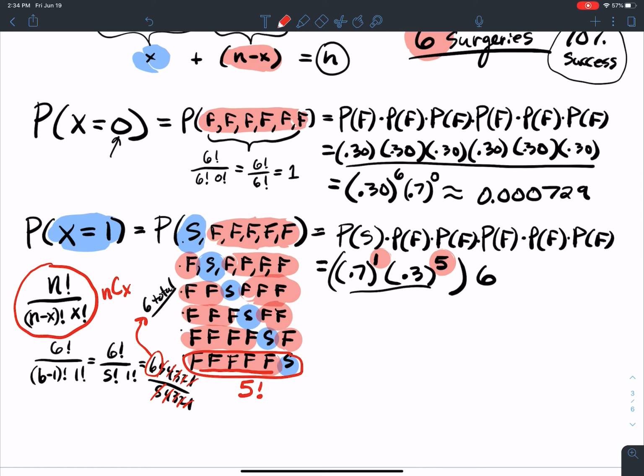Okay, so when I multiply this out, what do I get? I actually get 0.010206.